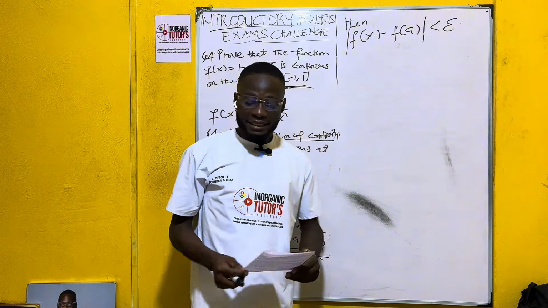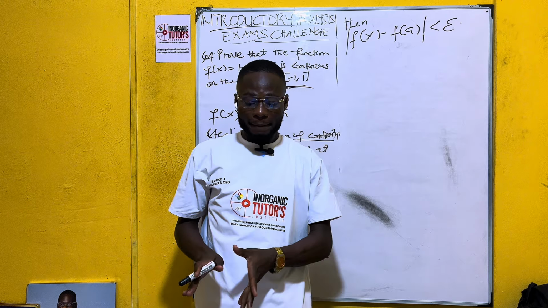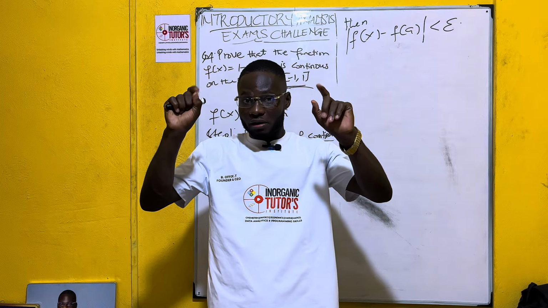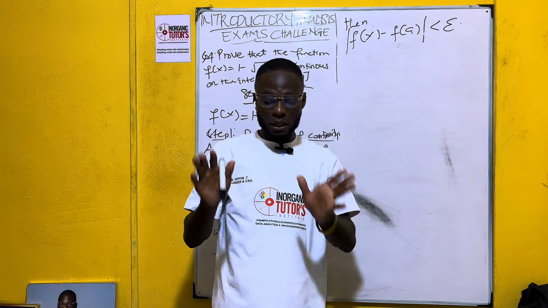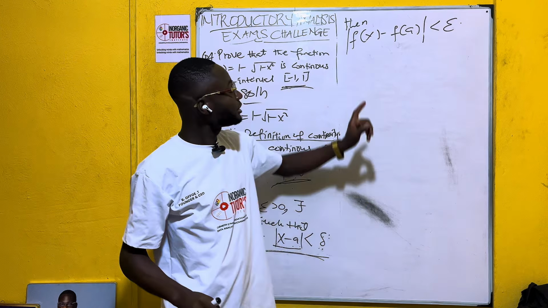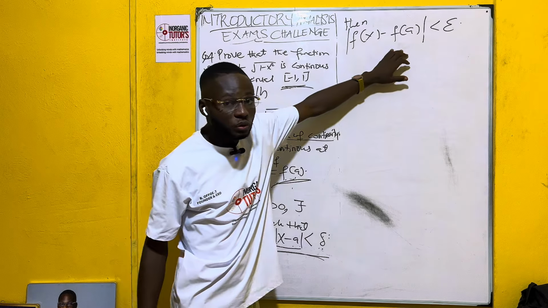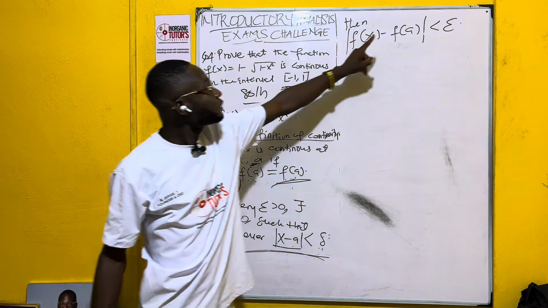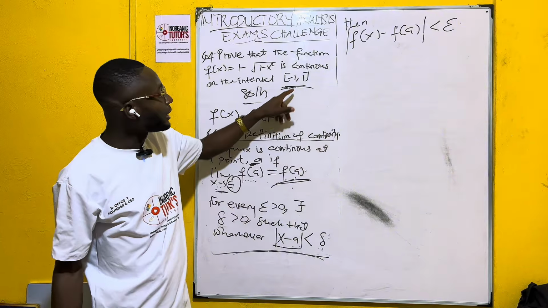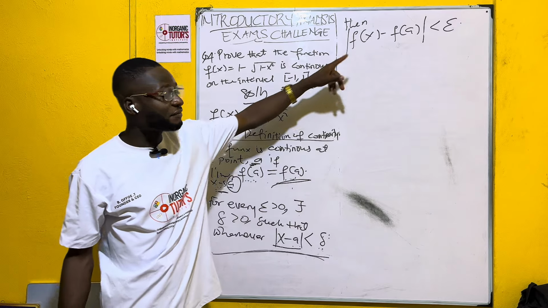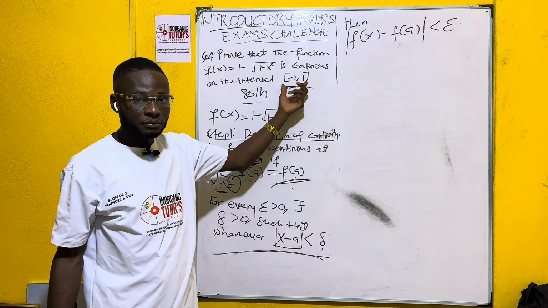So if this definition holds for every point a in an interval, the closed interval of -1 and 1, then the function will be continuous on this interval. But if it fails, then it will not be continuous on this interval.